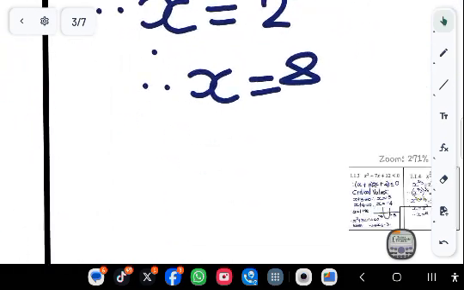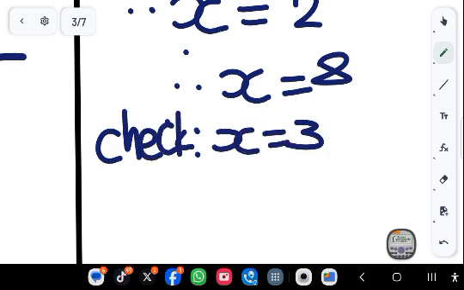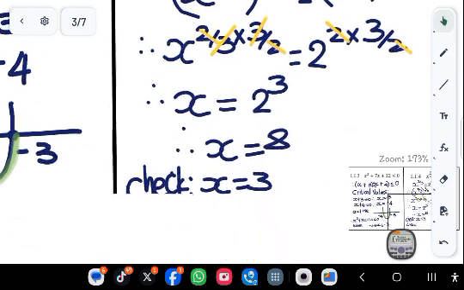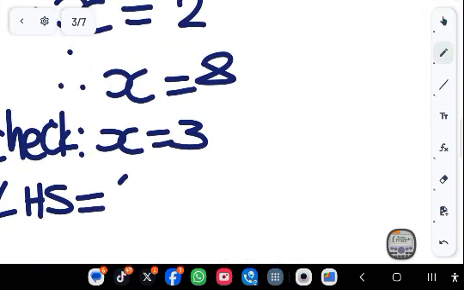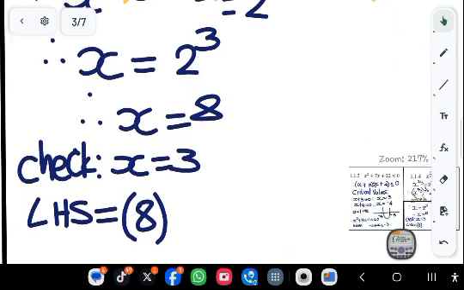You don't have to, but you can check x equals 8. Left hand side, you substitute it back into the original equation where we have x, that will be 8, all to the power of 2 over 3.